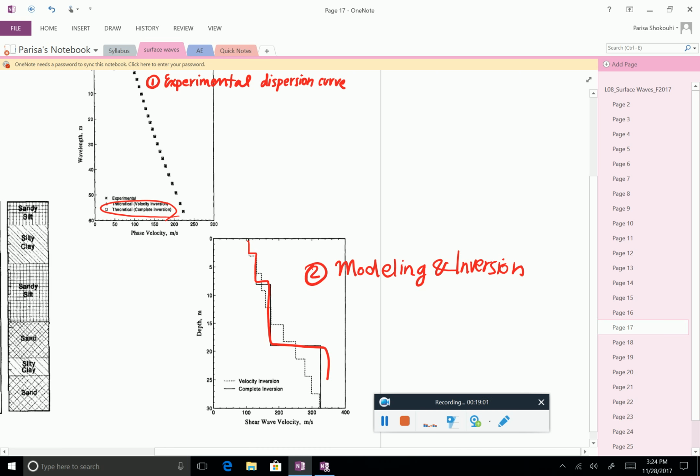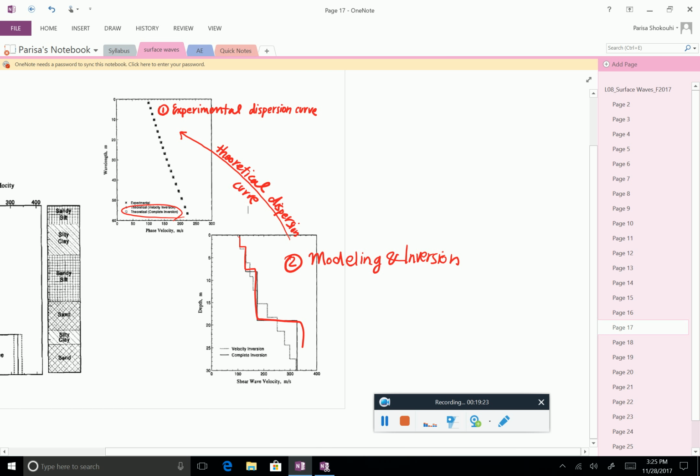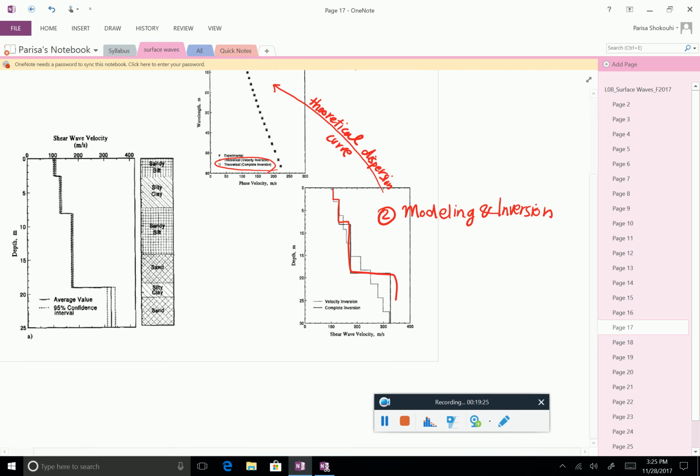You compare it with the experimental one, and then you try to minimize the difference between them to be able to get the velocity profile at the end. And then you interpret it.